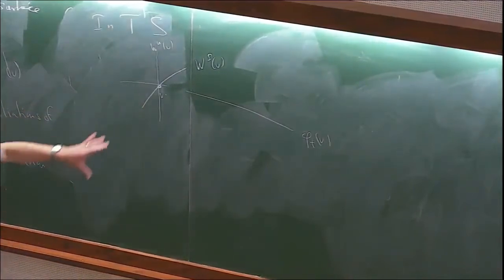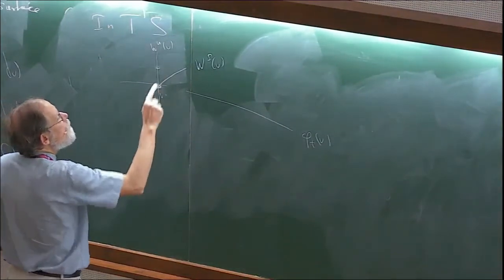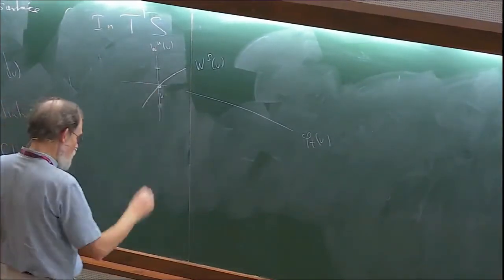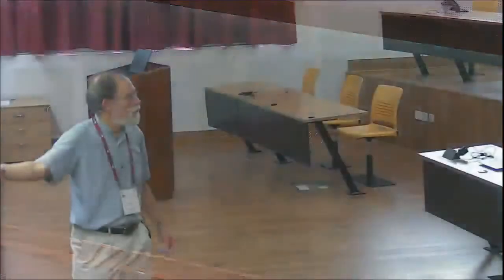And if I look at orbits which go through WS of V, maybe I can try to get fancy and use some colour. Let's hope. Is blue reasonably visible? Can you see them? Okay.